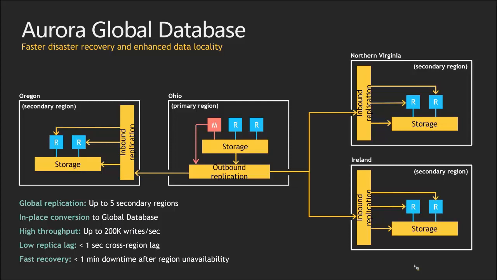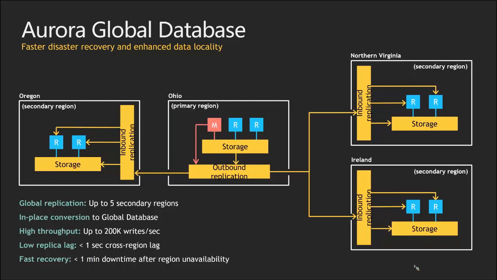So Aurora Global Database, as the name implies, is a way of deploying your database into multiple regions. So basically, your database has a primary region, which we see in this example in Ohio. And you can see that we have a master, which is the red one, plus 2 read replicas. Of course, in this example, the read replicas and the master are sharing the storage in Ohio.